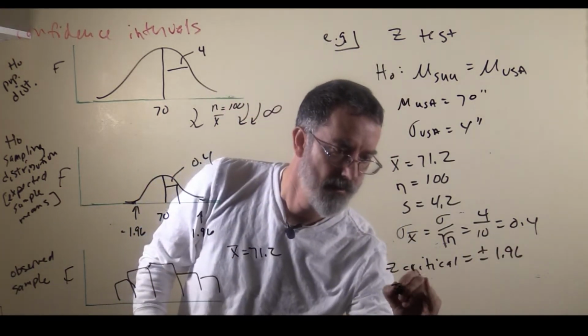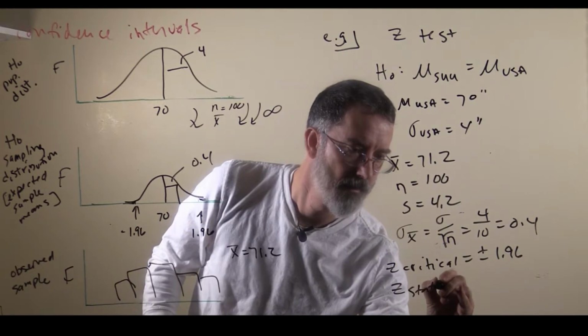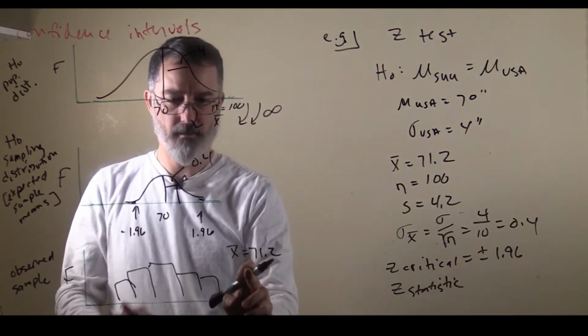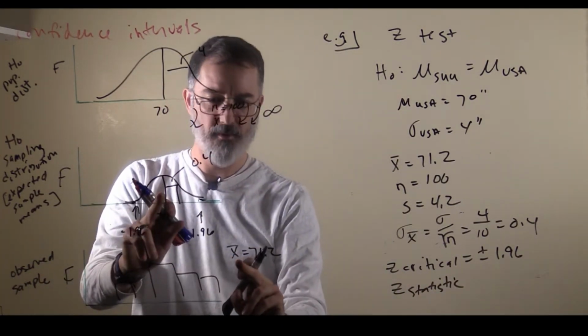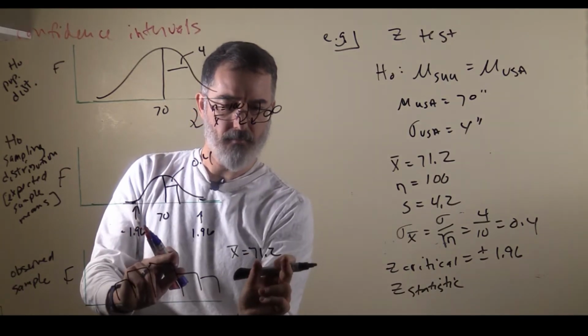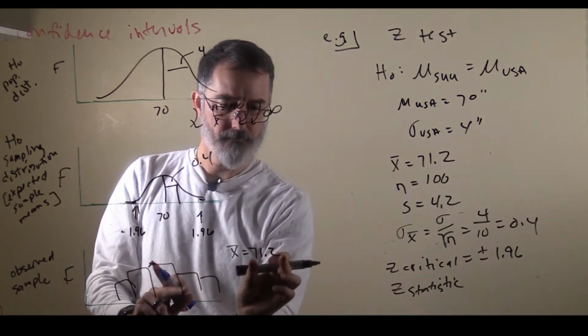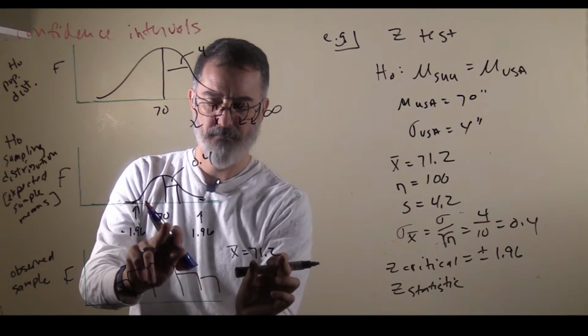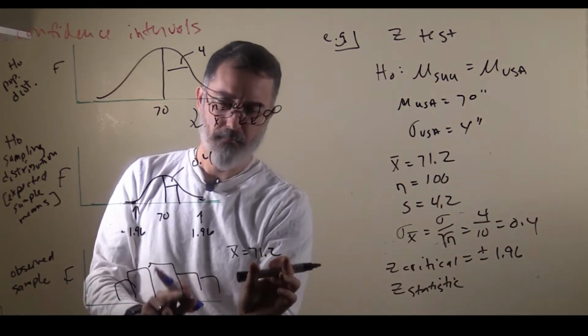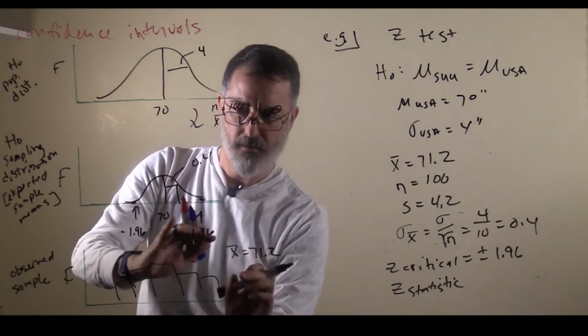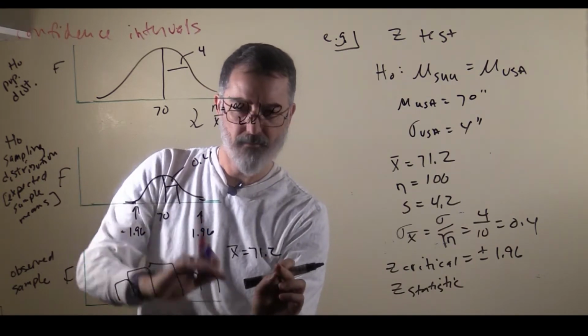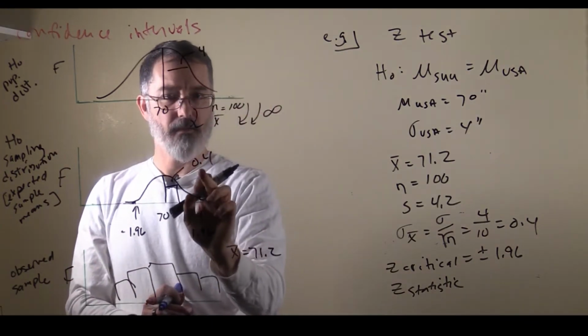Our z statistic, right, the z-score of this sample mean on this distribution, take the sample mean minus the mean of the distribution, so 71.2 minus 70, 1.2 divided by the standard deviation, which is 0.4, so that's 3.